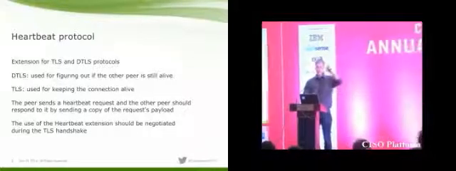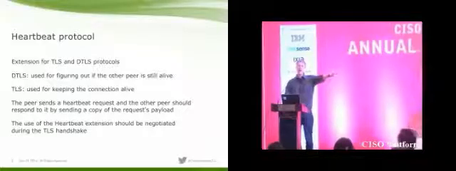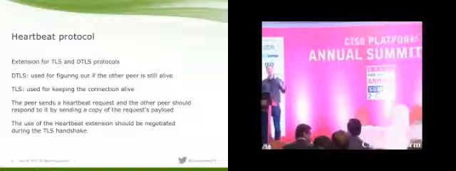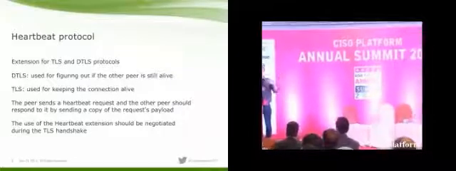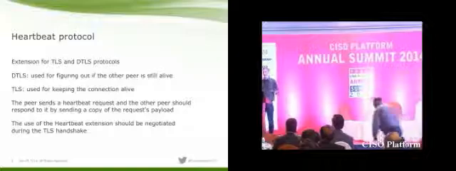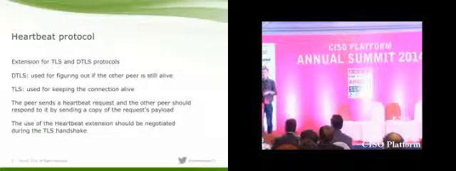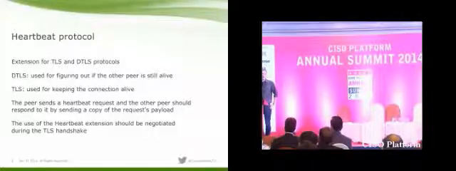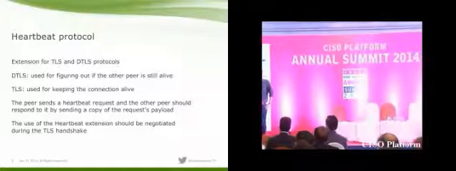So you send this heartbeat message, and if it comes back to you as it left, then the other peer is still there, and you can continue the communication. In TLS, it is used for keeping the connection alive. If, for example, messages are exchanged rarely, then timeouts can occur, and heartbeat is for keeping the connection alive.